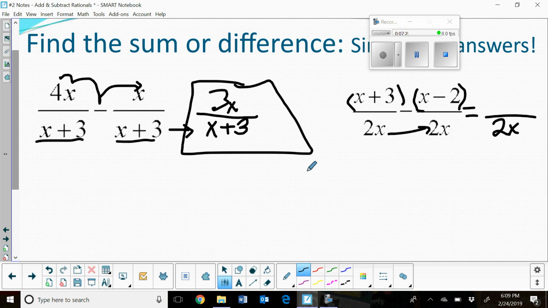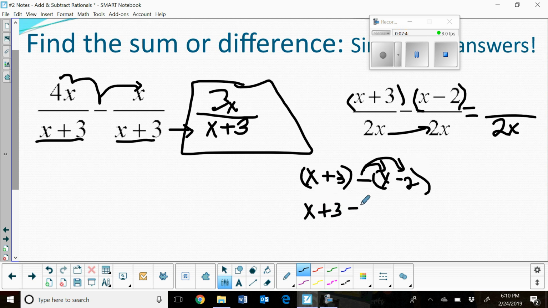Numerator, though, we have to take x plus 3, that quantity, and subtract x minus 2. So we know when we're subtracting a quantity, we have to distribute the negative. So I'm going to rewrite this without parentheses, x plus 3 minus x plus 2. So those signs are going to change.